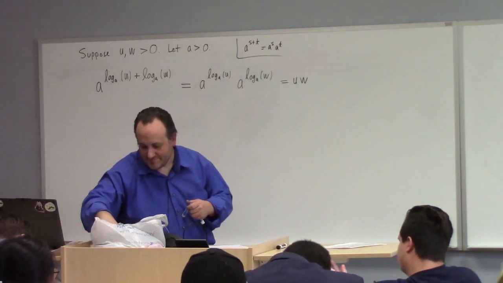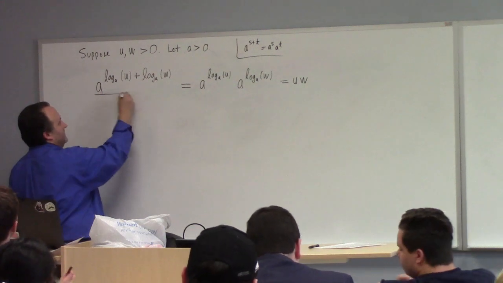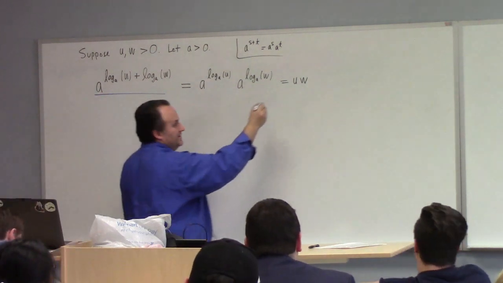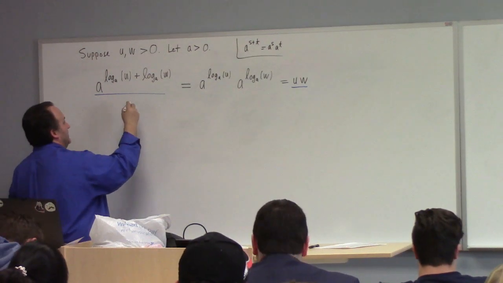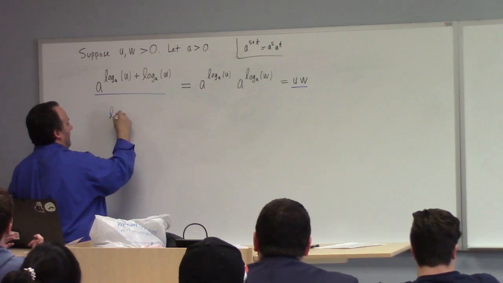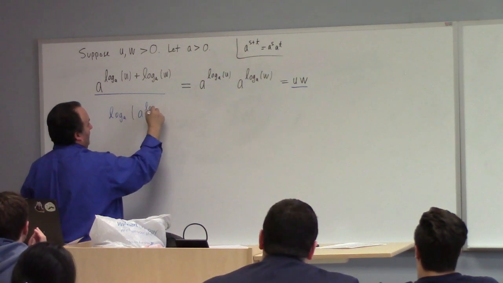So look at this then. We've got this right here is equal to this right there, right? So take the log base A of both sides, what do you get? Log A of UW.